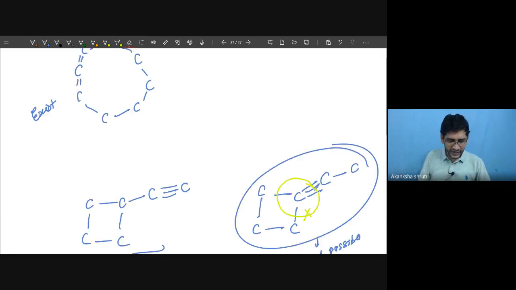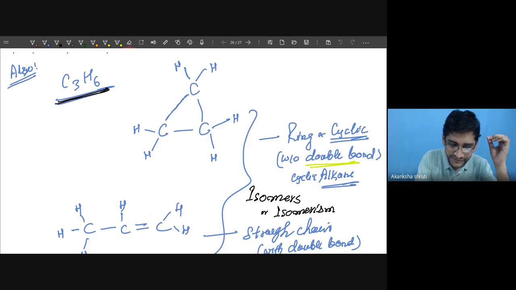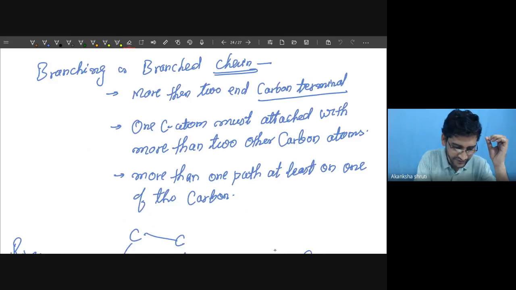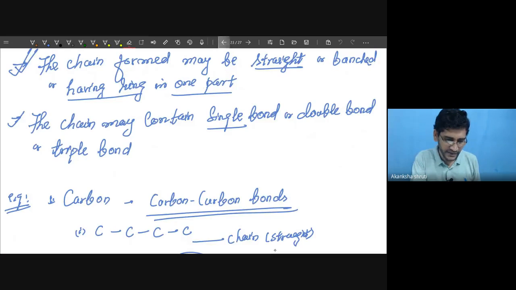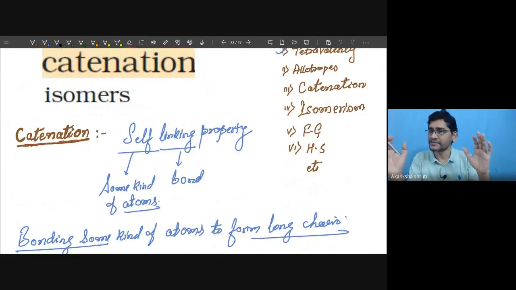Okay, students. So here, regarding catenation, we have learned everything and we have written everything. Let me just explain once more. So students, catenation simply means, for remembering this, you have to keep in mind it is a self-linking property. Self-linking doesn't mean one atom with the other, because linking means always forming the bond.